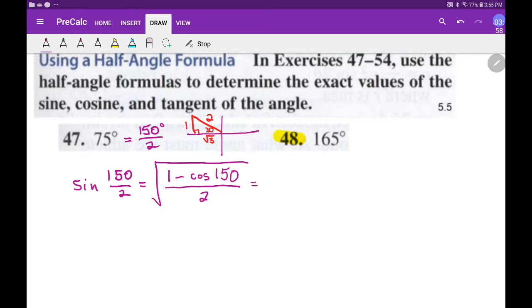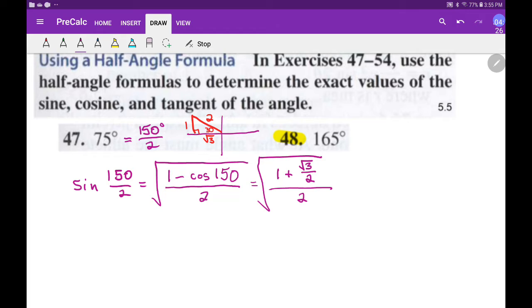So we would say, 1 minus, this is cosine, so it's going to be minus again, so I'm just going to say plus. I hope that's okay. And the adjacent is square root of 3 over the hypotenuse 2, over 2. And it's the square root of that.